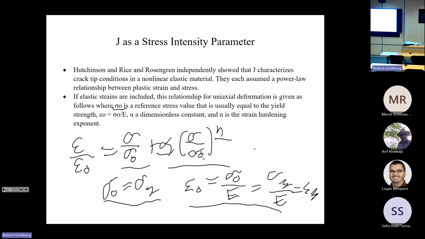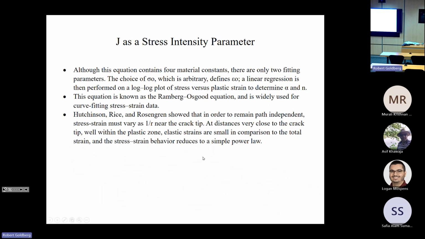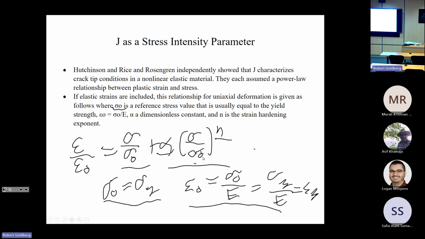So what you can do is, if you have a stress strain curve, do a log plot of the stress versus the plastic strain, and do a least squares type of approach, you can determine alpha and n.